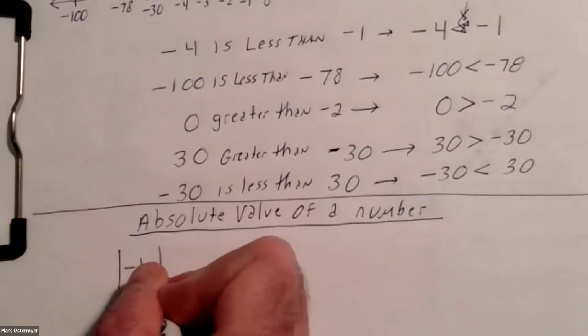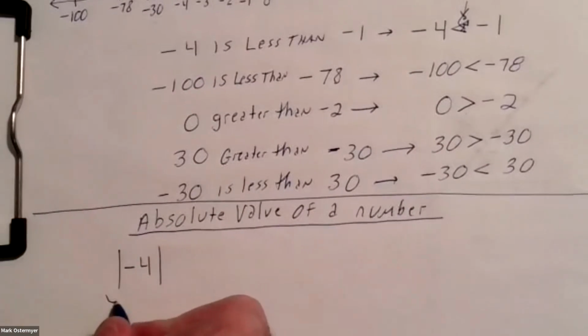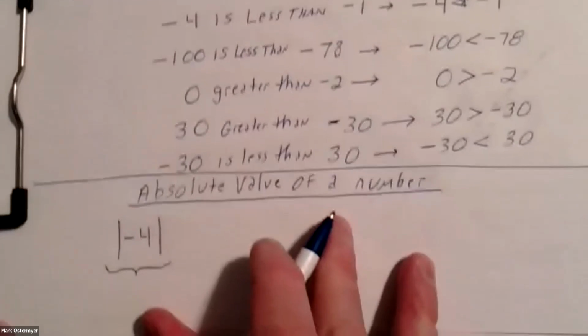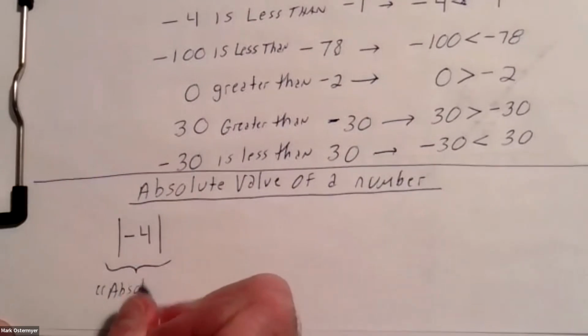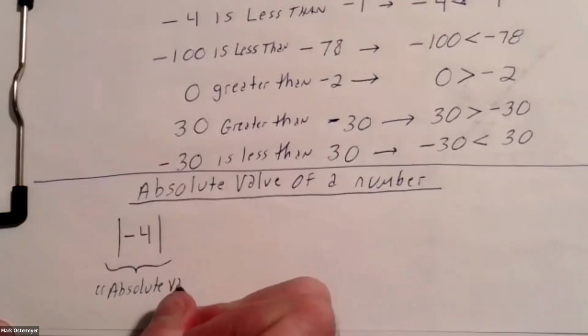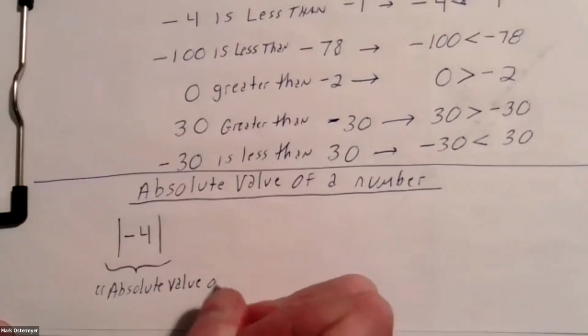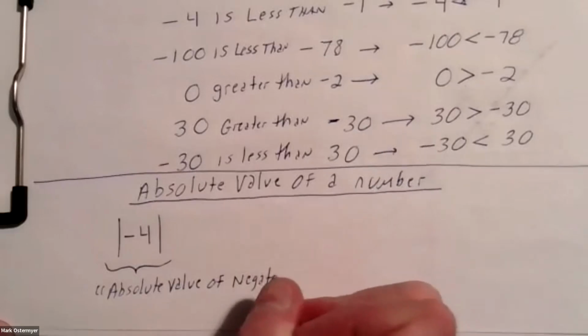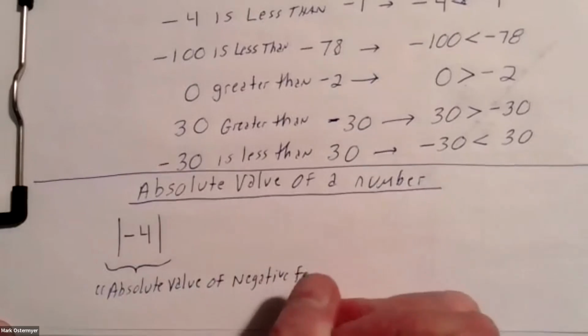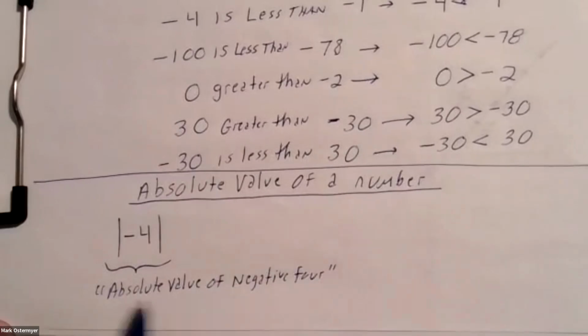So if you're looking at this expression in mathematics, you know how we read what we're looking at here? This is to be read as the absolute value of negative what? Negative 4? So that's how you read this expression, the absolute value of negative 4.